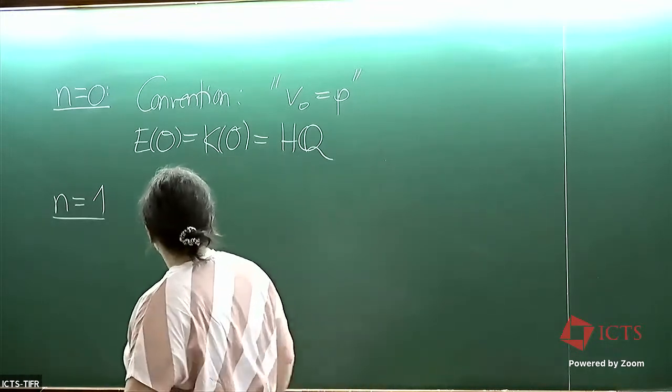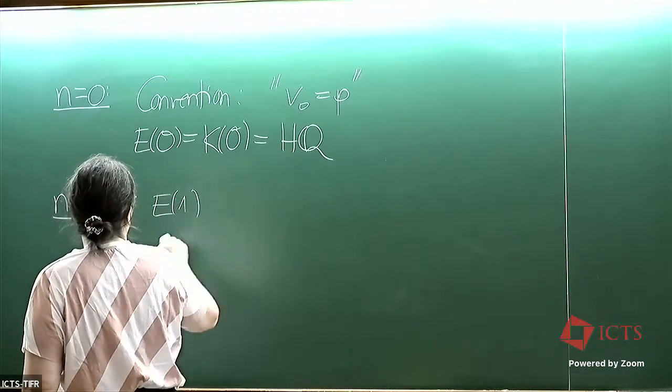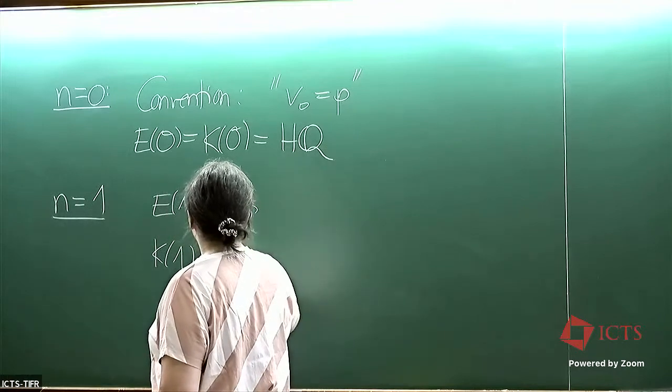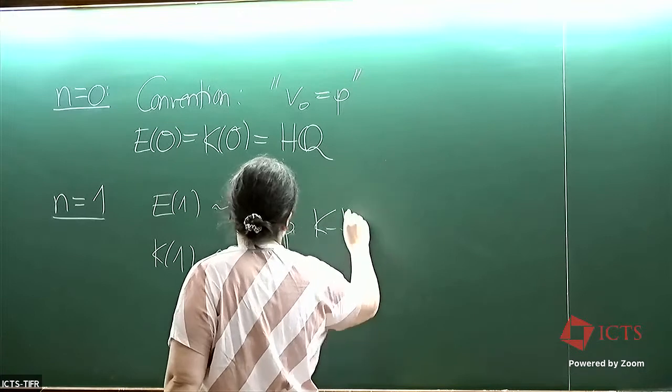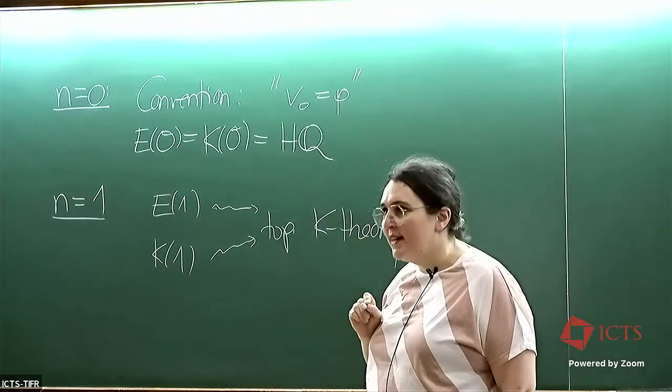So both E1 and K1 are very strongly related to topological K theory. Not algebraic K theory.